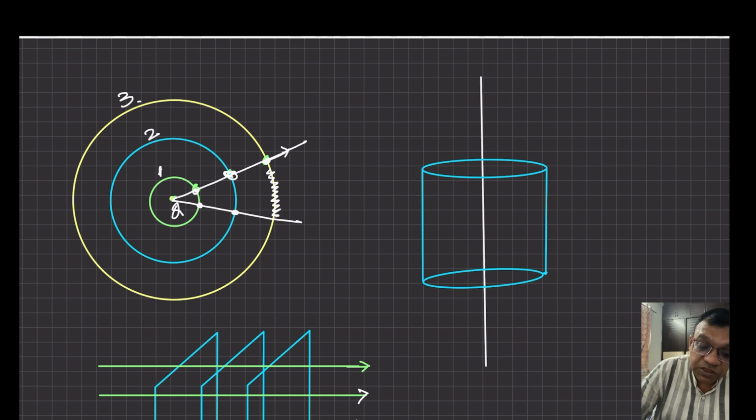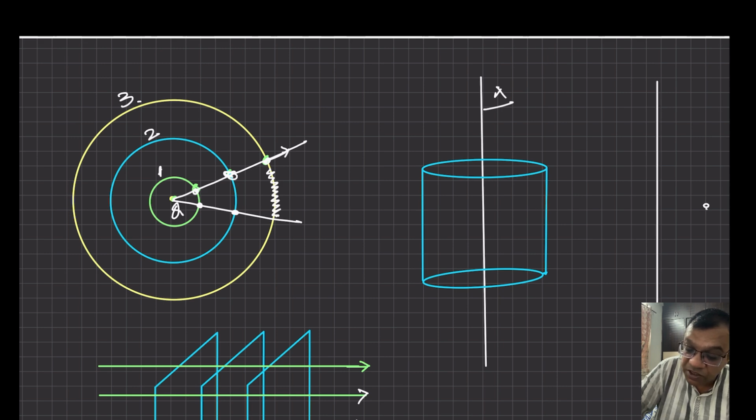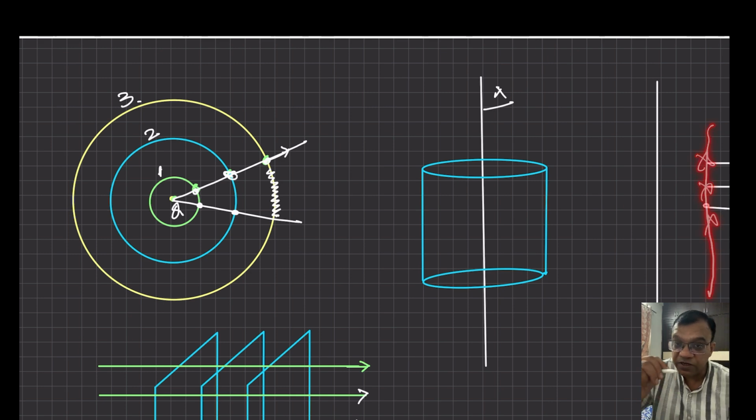Now let us say this is the second case you take, an infinite line charge. Due to an infinite line charge, if you remember, the electric field intensity at any distance is lambda upon 2 pi epsilon naught r. So whether you take the point here or there, if it is at the same distance, the field is the same.